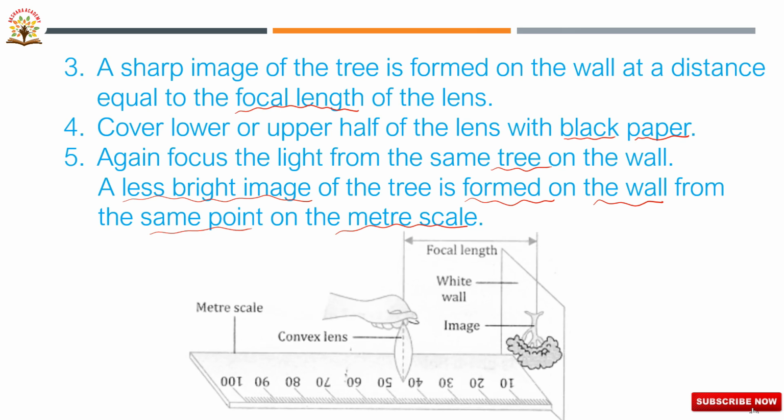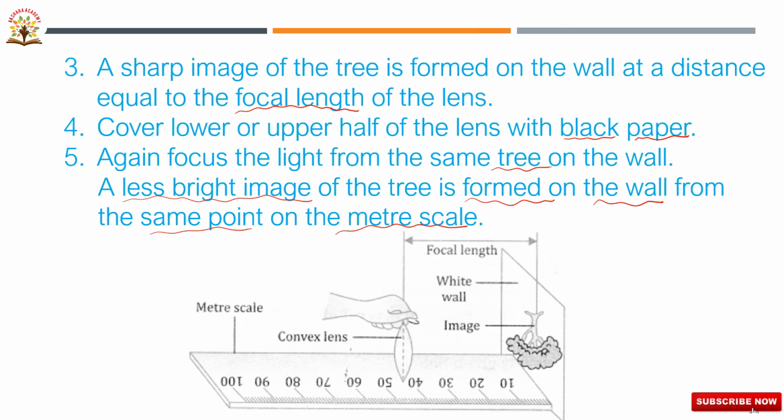This is a diagram. Here we are taking the meter scale and placing the convex lens, and we are adjusting the convex lens to get a bright image. For example, here we are focusing the object, that is a tree, at a distance equal to the focal length of the convex lens. This is the object, the convex lens, and we are focusing the tree, that is the image, on the white wall.